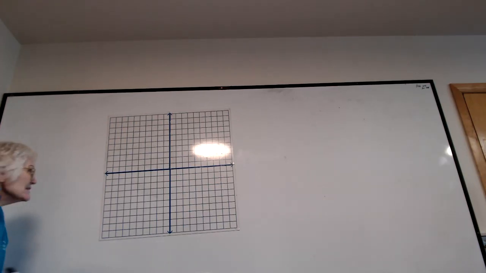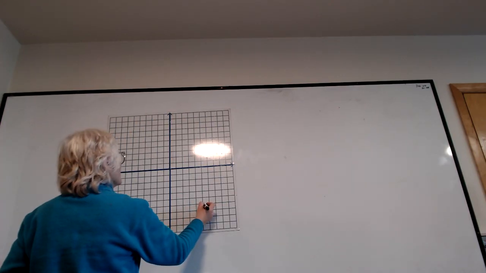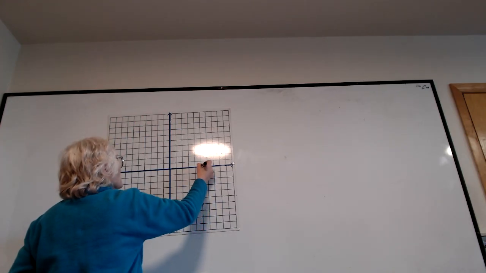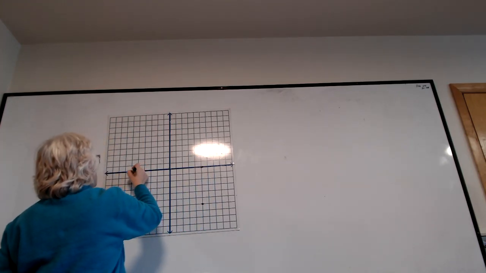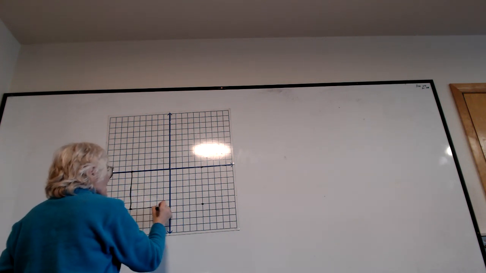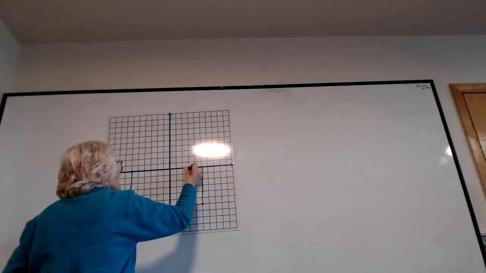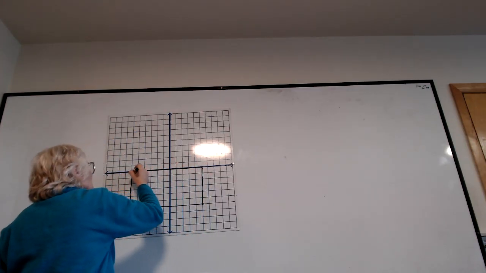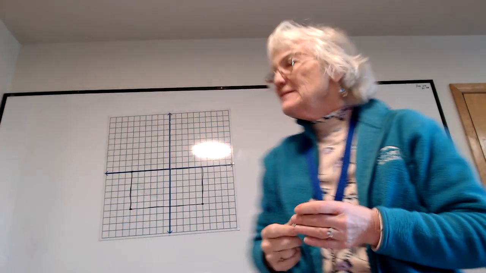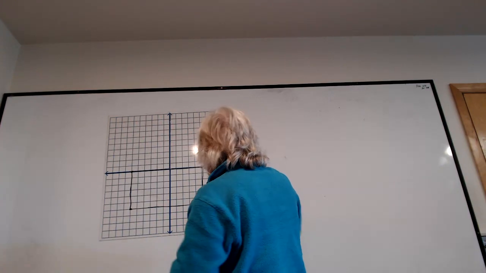Okay. So we're going to start with this old rectangle here. On your paper, let's draw our rectangle ABCD. This is 1, 2, 3, 4, 5, 6.